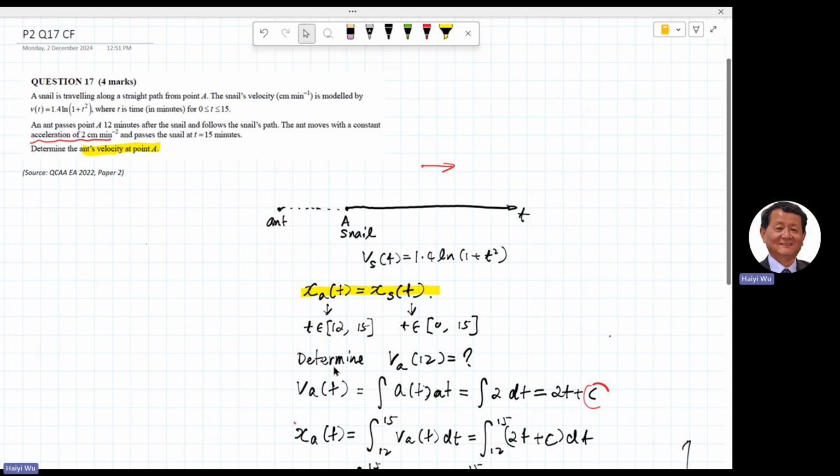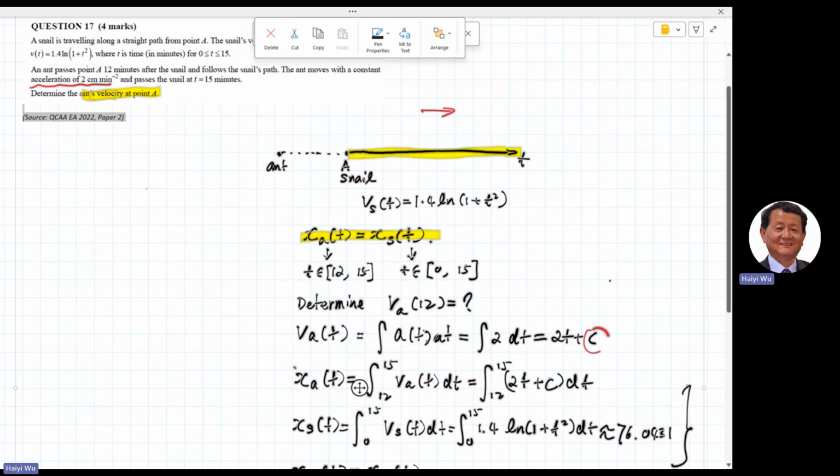The condition is that the snail travels in a straight line in that direction, and there's an ant that follows after the snail, travelling in the same direction.